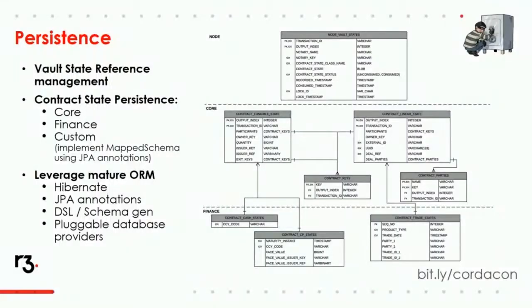Everything else is part of the fungible state definition. So basically the quantity, the owner, the participants, the issuer reference, all of those items are always attached to a fungible state.